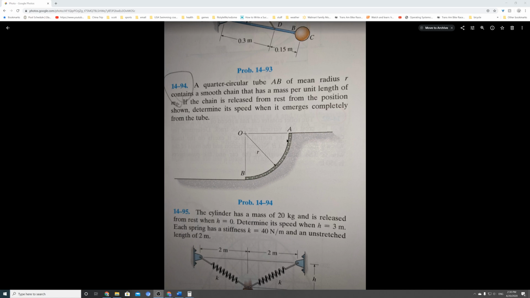So you have some initial potential energy, and that gets converted completely over to kinetic energy, with the chain moving along in this direction.